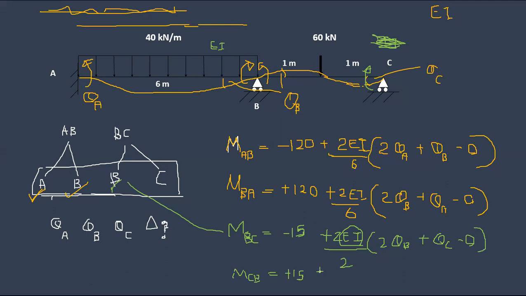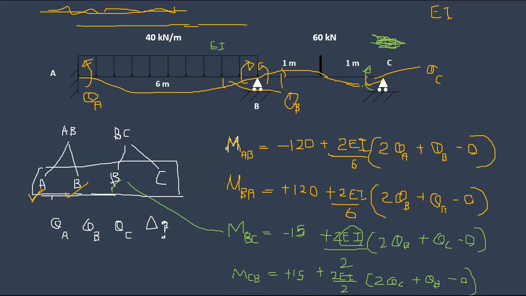Right, and this is going to be 2EI over, then 2 theta C, theta B C, right? Now you know that, yes, you already have this one, right?